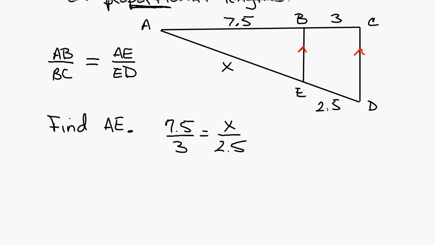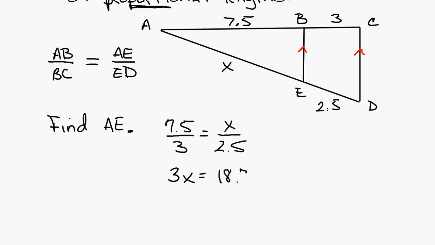And we did that all last week. If you crisscross multiply, crisscross products are equal in a proportion. So you've got 3 times X, 3X, equal to 7.5 times 2.5. That's 18.75.